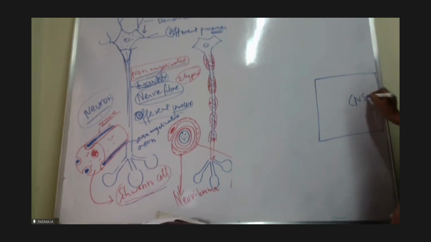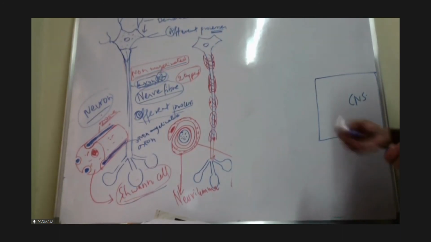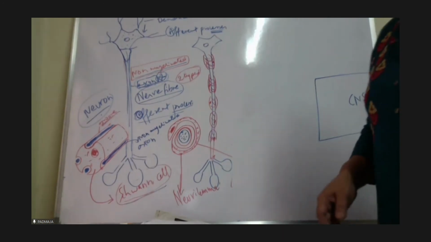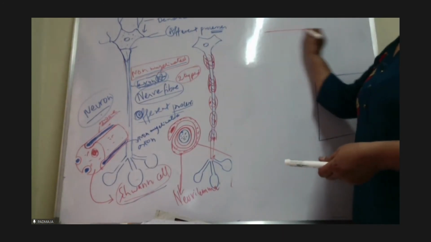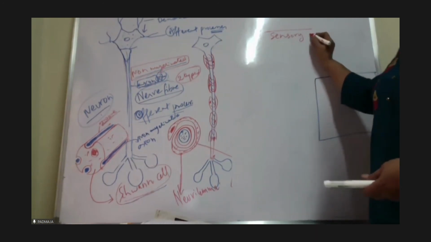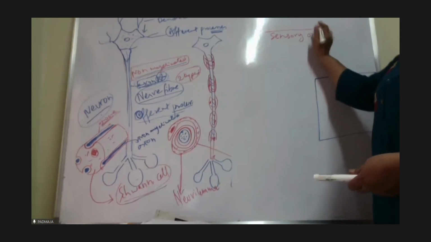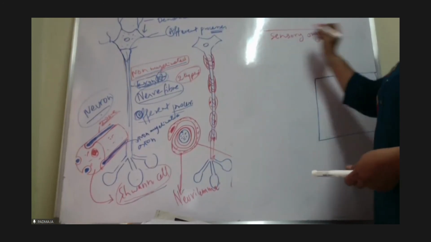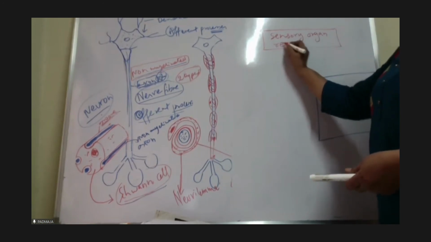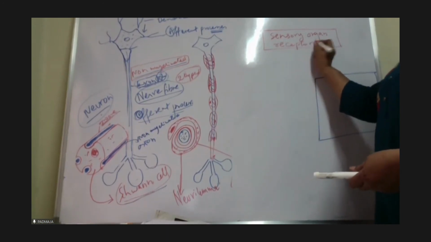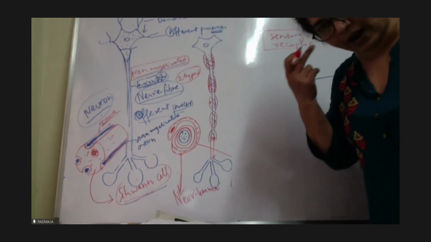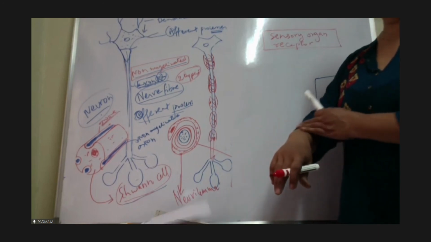Always the brain and the spinal cord, through sense organs, maybe it is skin, eye, ear, tongue, any sense organ you take. From the sense organs, through receptors. Receptors means maybe chemoreceptors, like taste and smell, photoreceptors, like eyes, skin receptors.